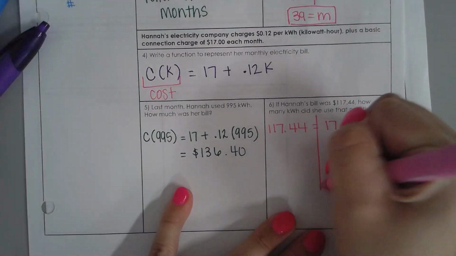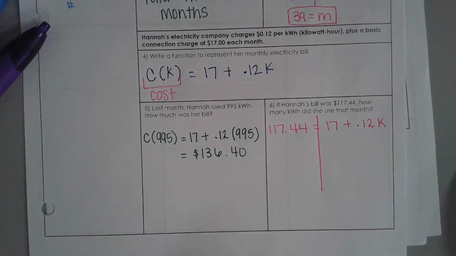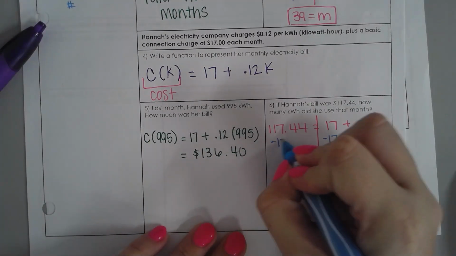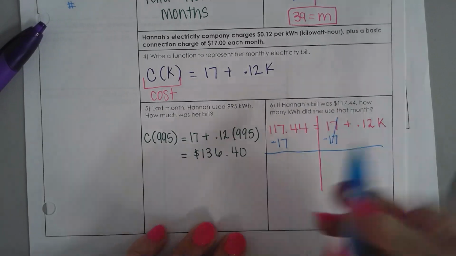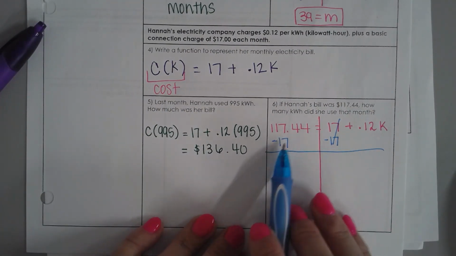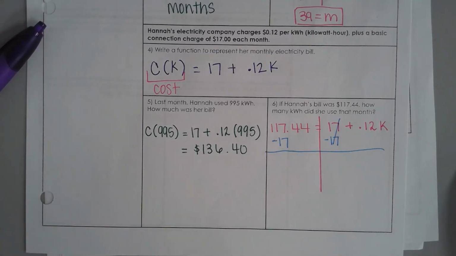Alright, so I'm going to solve this equation. Alright, Lacey, what is my first step? Subtract 17. Good. Alright, so you're going to do this 117.44 and subtract 17 from that. And then do you divide?